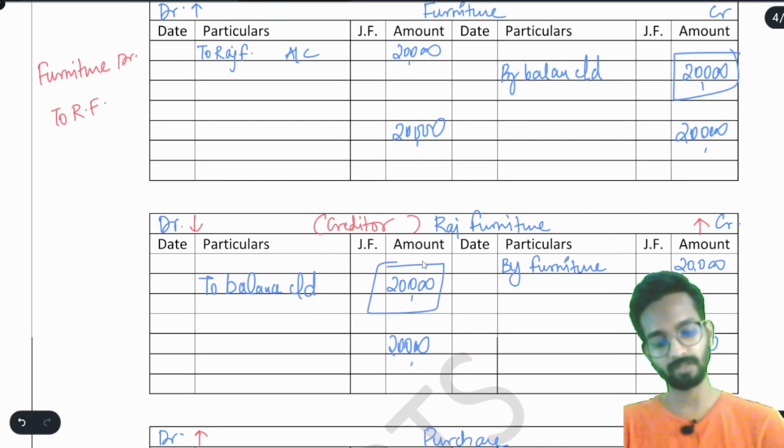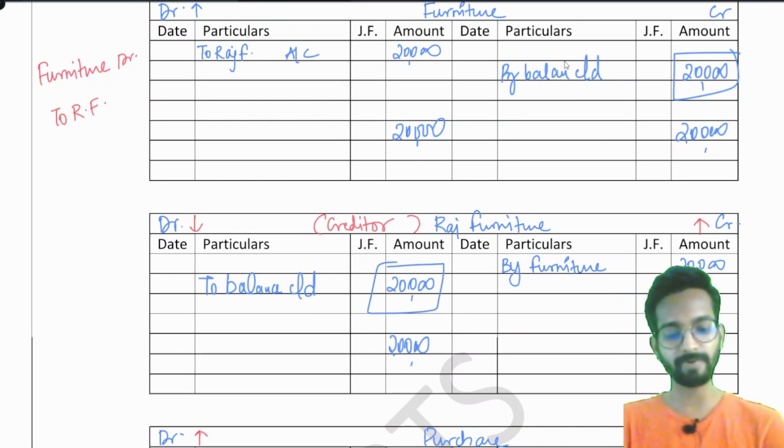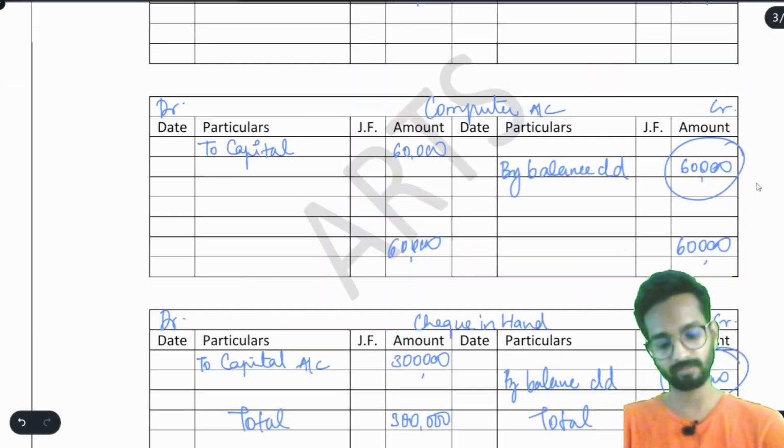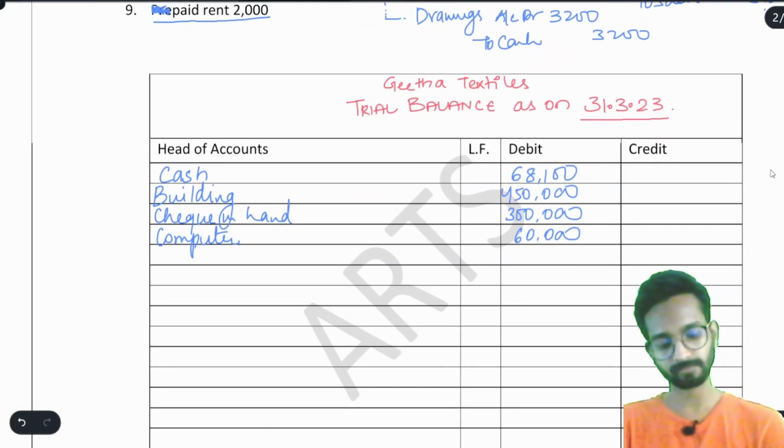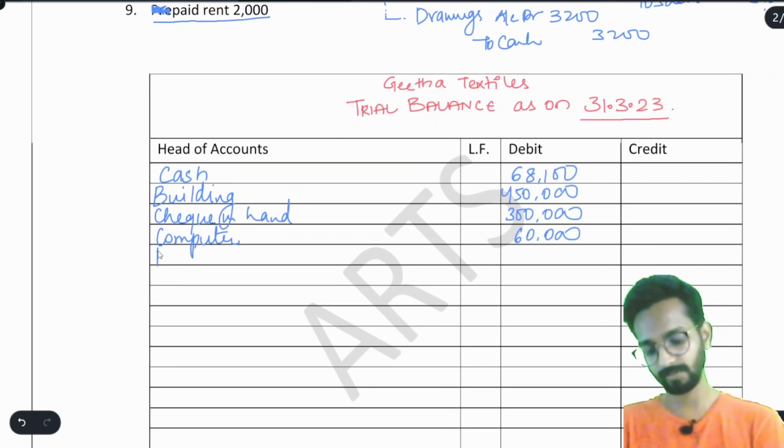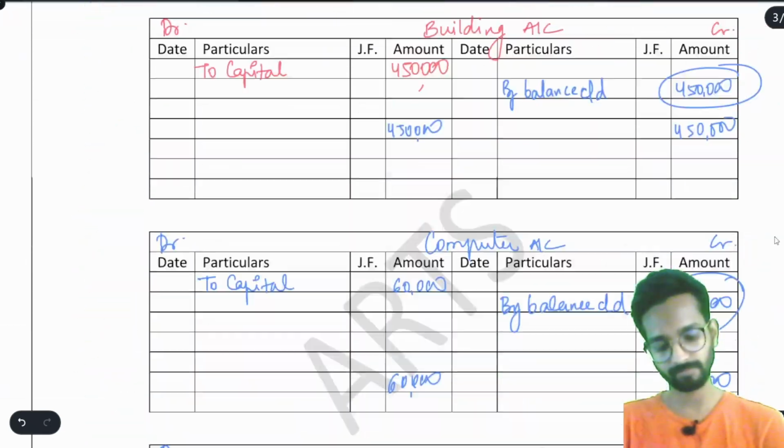Now see carefully. Furniture will come on the debit side 20,000. Raj Furniture on the credit side 20,000. Furniture 20,000. Raj Furniture 20,000. Simple enough?